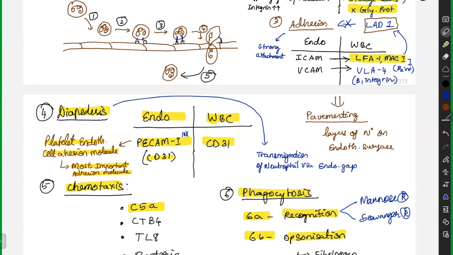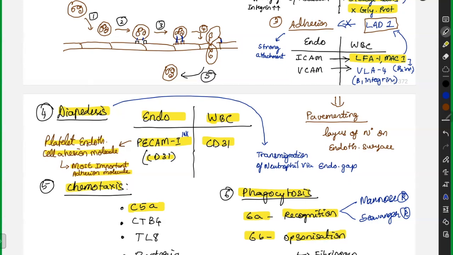Can you tell me what is the CD marker which is present for selectin? Selectin CD marker is CD62, whereas PECAM marker is CD31. After traversing the endothelium, the leukocyte pierces the basement membrane, probably secreting collagenase, and they are going to enter the extravascular tissues.